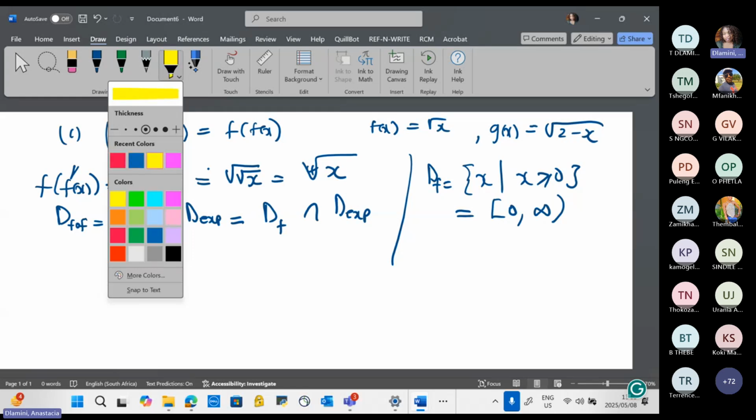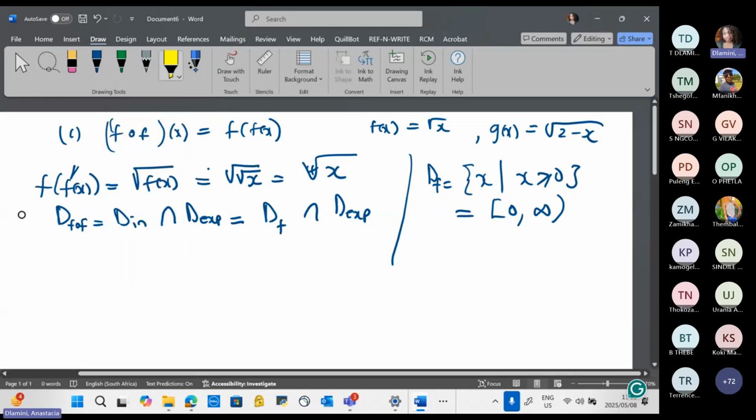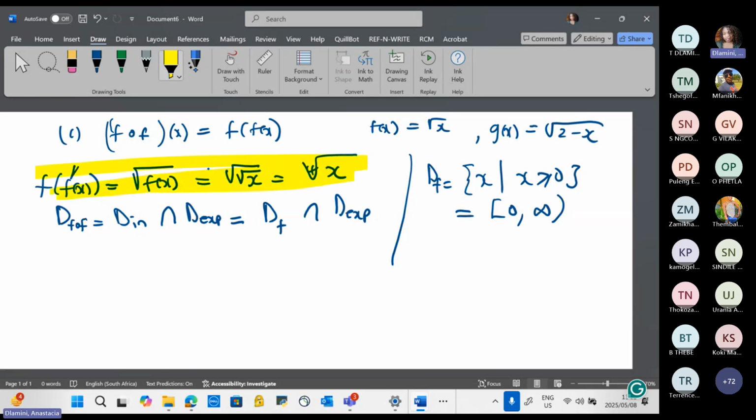The expression of the composition at this point. What is the domain of the expression, guys? You were on the right track.